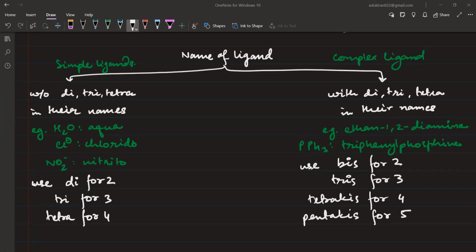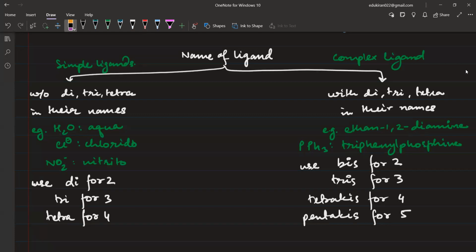ध्यान में रखेंगे, when you have any ligand which already has di, tri, tetra in the name and they are coming 2 times, then we'll use bis ethane 1,2-diamine. है ना? If they are coming 3 times, tris ethane 1,2-diamine rather than tri ethane 1,2-diamine. So we'll use tris, bis and so on. ऐसा नहीं है कि डाई है तो डाई यूज कर सकते. No, if you have di then you will use bis, tris or tetrakis, no matter what.